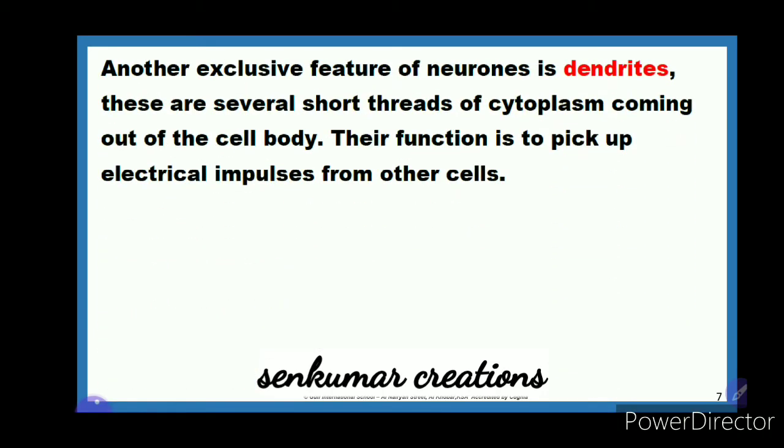Let's see the next. Another exclusive feature of the neuron is the dendrites. The axon we have seen, and now the dendrites. The dendrites are on the outer side, around the cell body.